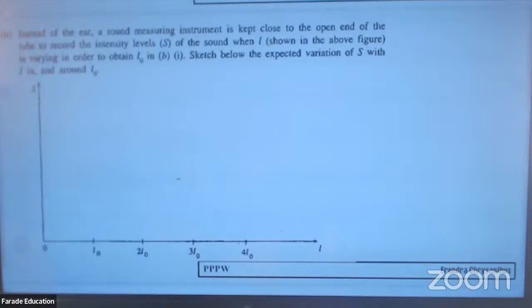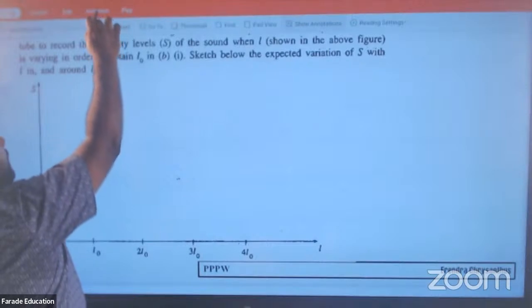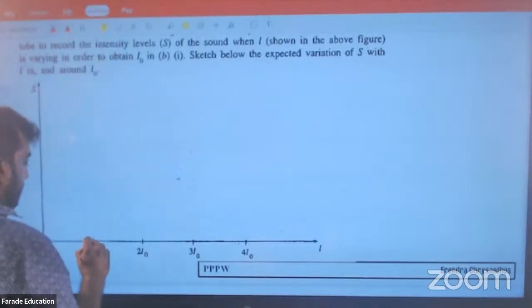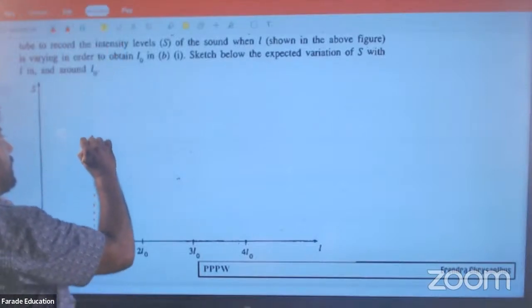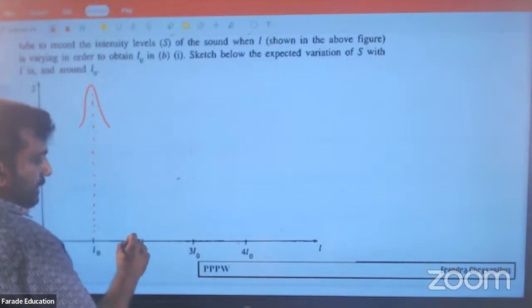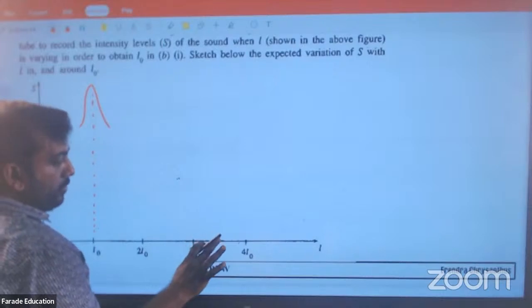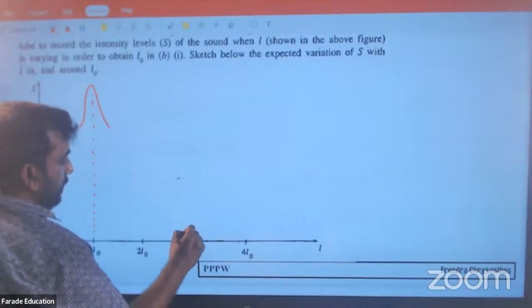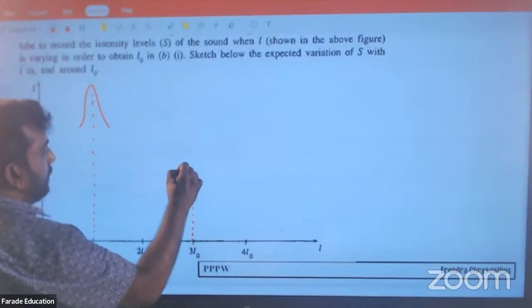By varying L naught, we can obtain the following. Now, remember L naught is the fundamental. Fundamental means greatest intensity. Then 2L naught we don't have, closed tube, no? 3L naught, third harmonic.